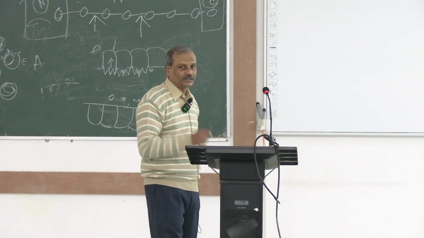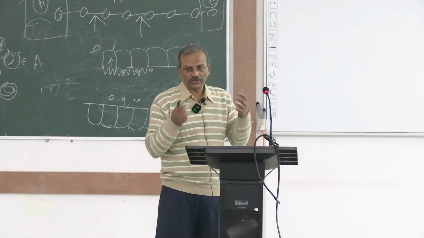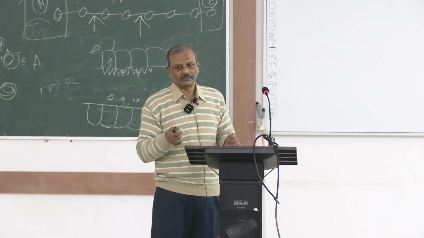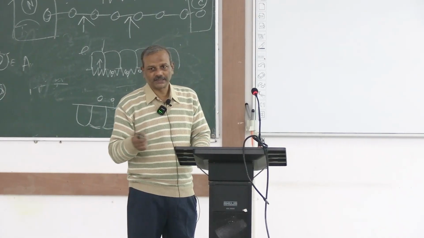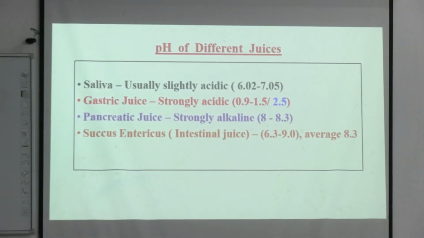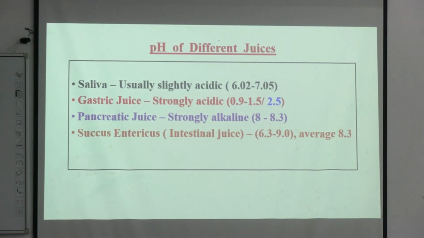Okay. So, the pH of different juices is different because the enzymes act at different pHs. Saliva the pH is almost neutral, that is why we do not find any caustic taste in our mouth, either bitter or sour, because acids are sour. But gastric juice, occasionally perhaps you have seen that there is regurgitation of food after a meal and you get some taste of acid, when there is reflux from the stomach into the mouth due to abnormal food intake, or maybe during vomiting you have experienced a slight sour taste.